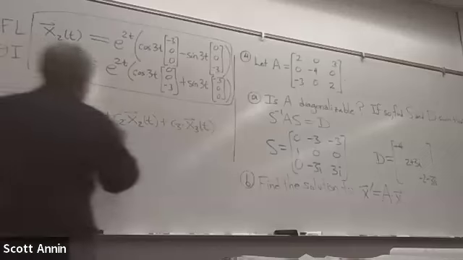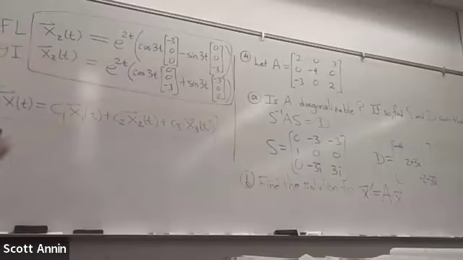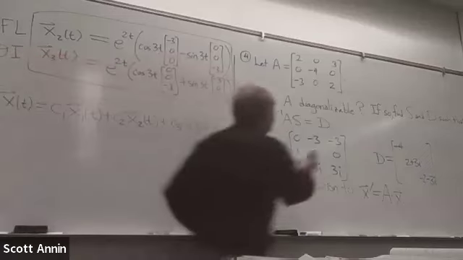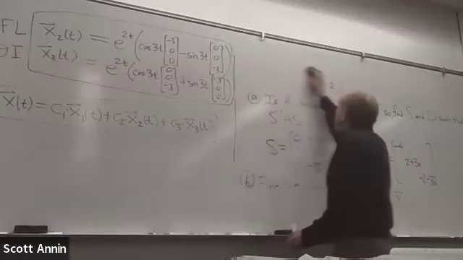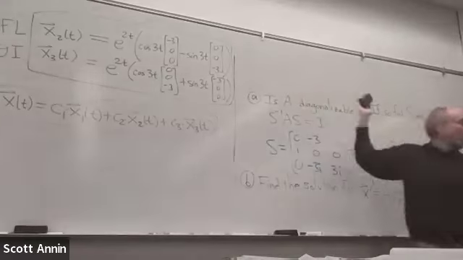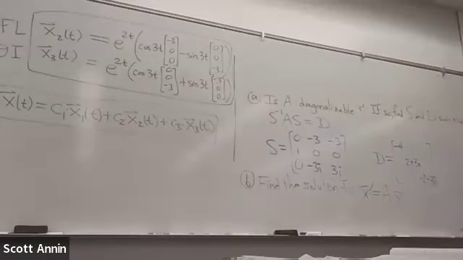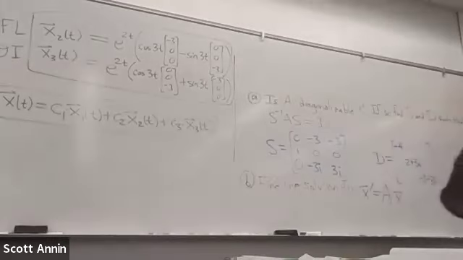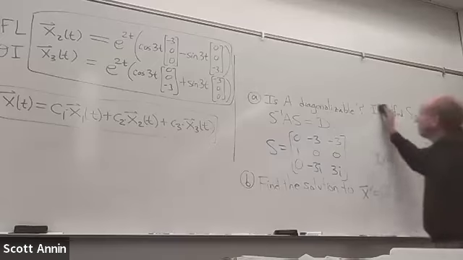This would be the answer. Look okay? Any questions on that? This is a nice problem. It reviews diagonalization, finding the eigenvectors, and writing down the solutions to a system as well.